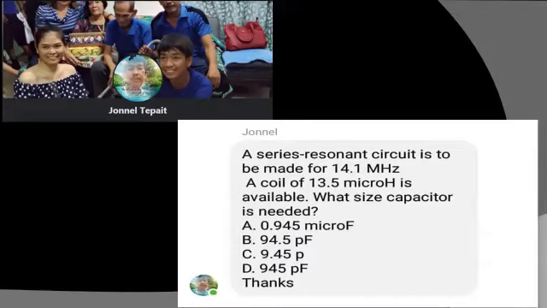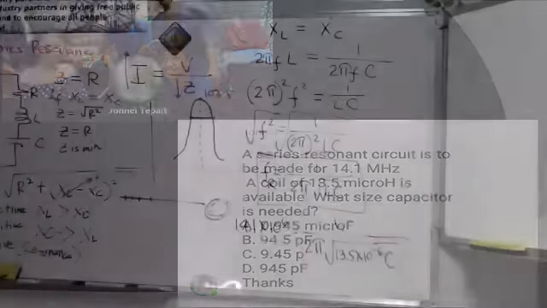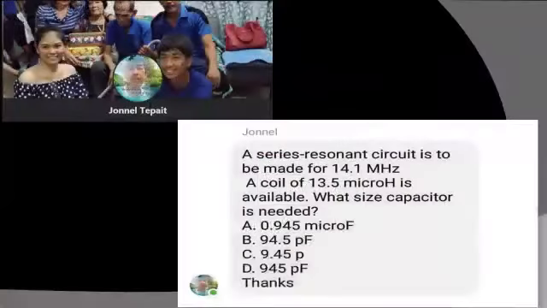Tingnan natin. Okay. The answer here is 9.43775 times 10 to the negative 12. So, pinakamalapit po siya, 9.40, 9.45.